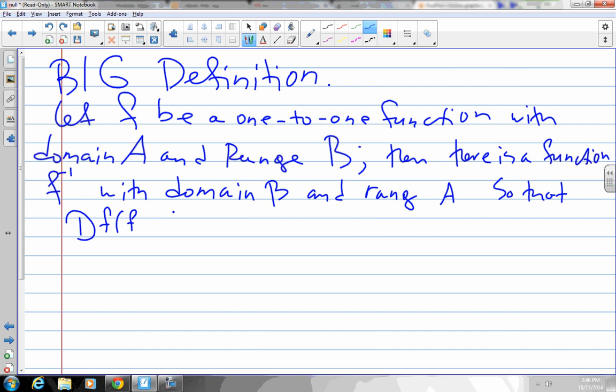If you take the composition this way, you get X, and if you take the composition that way, you get X. That's the big definition of the inverse.